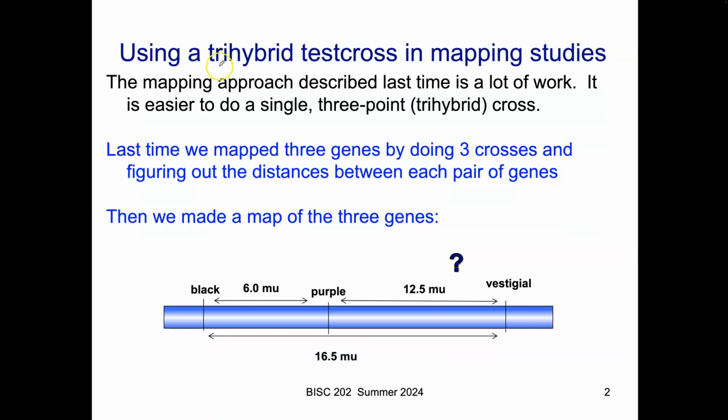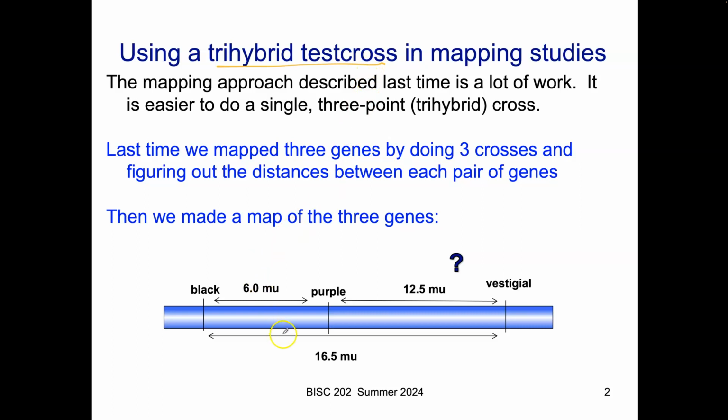Okay, so we're going to talk about trihybrid test crosses. If we make an individual that's heterozygous for the 3 genes, and then cross that individual to a parent that is homozygous recessive for all of them, we can do a quicker and, in the end, more accurate map.